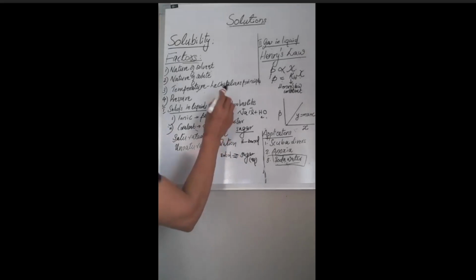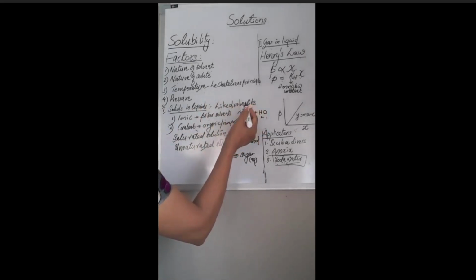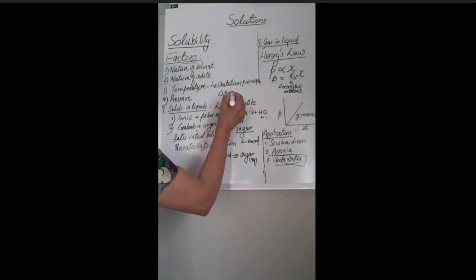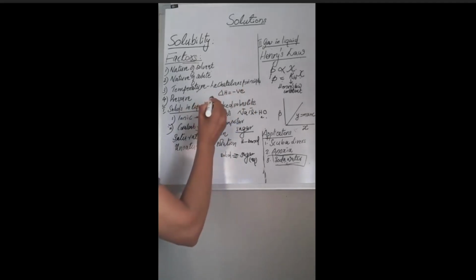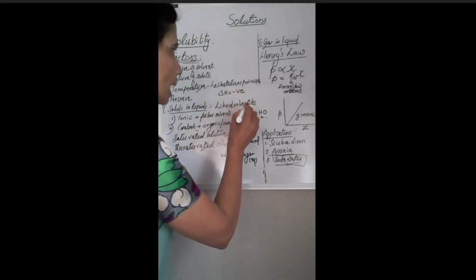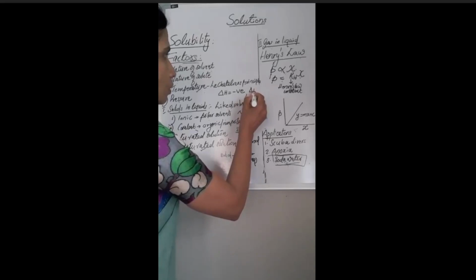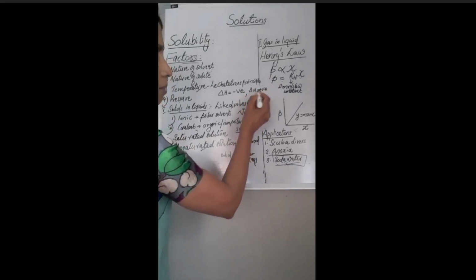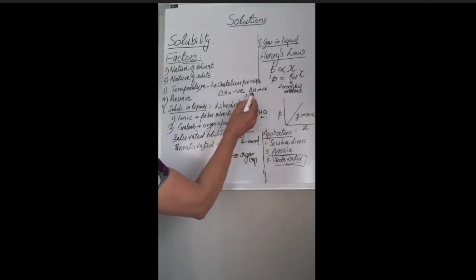For example, if you dissolve NaOH in water, a lot of heat will be liberated. In that case, delta H we say is negative. Or if you dissolve ammonium chloride in water, then you will notice a cooling effect is produced. And so we say the process is endothermic, for which delta H is positive.